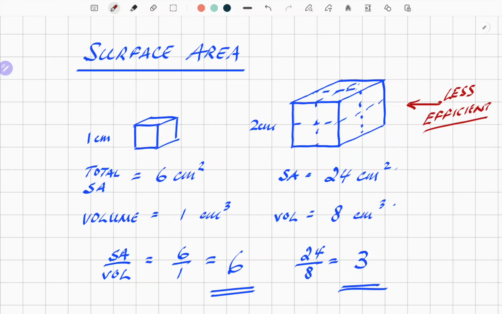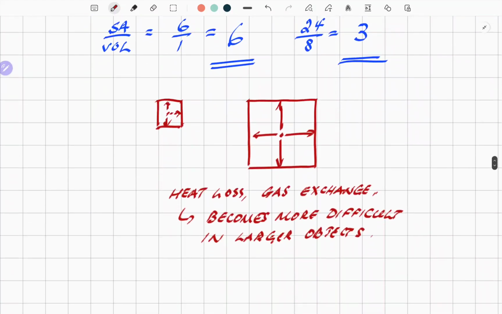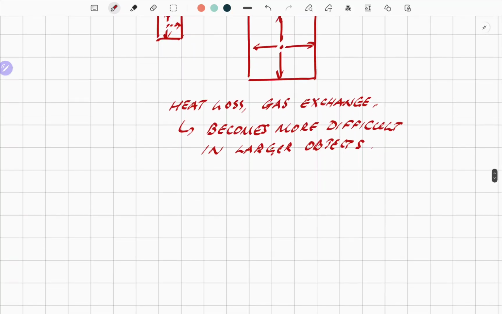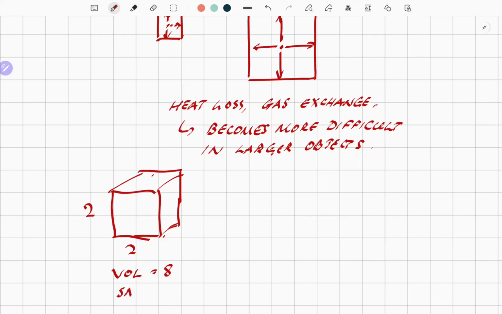So let's just demonstrate that. If we go from some form of a cuboid, I know it's a bit rough and ready, but bear with me. That's your 2 by 2 by 2. So volume is 8. Surface area, we've already demonstrated, is 24.